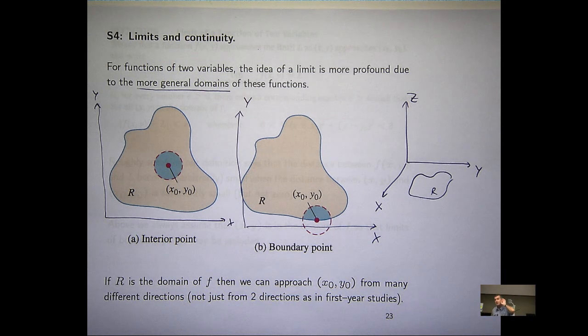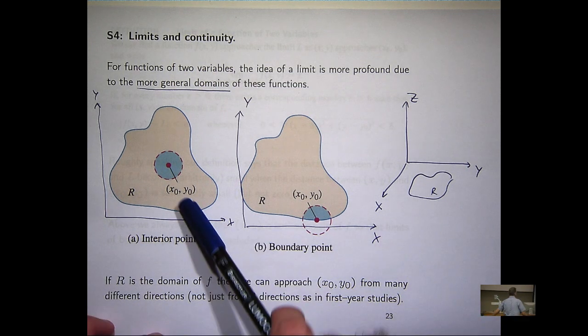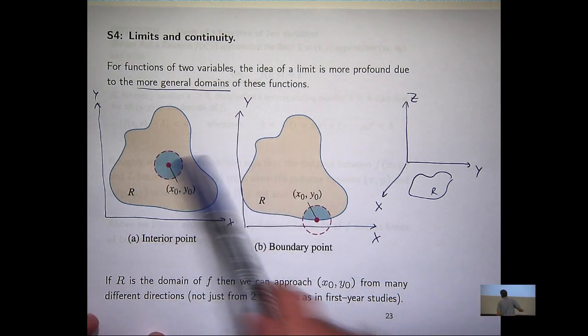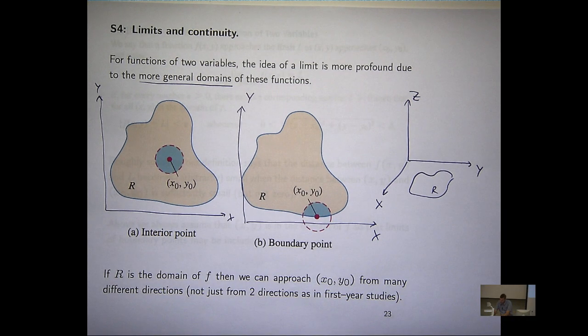Now, let's suppose that (x0, y0) is a point somewhere in the domain of a function. Limits, remember, are all about what happens: does the function have any particular behaviour as we approach some point in the domain? With a two-dimensional region, you can approach a point from many different directions.